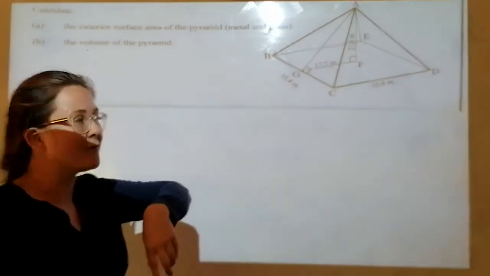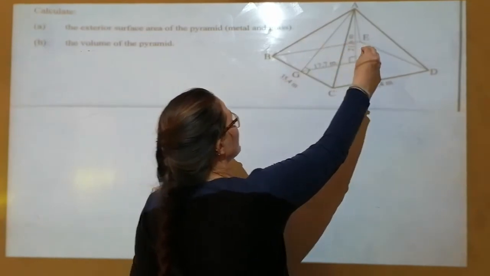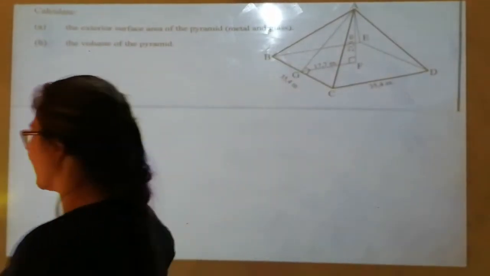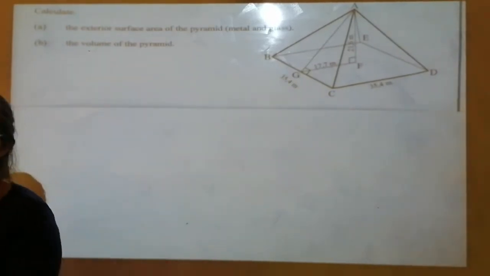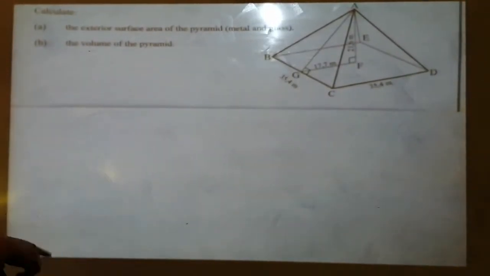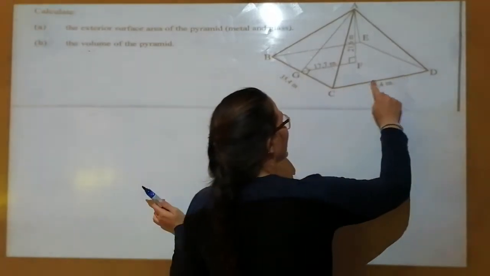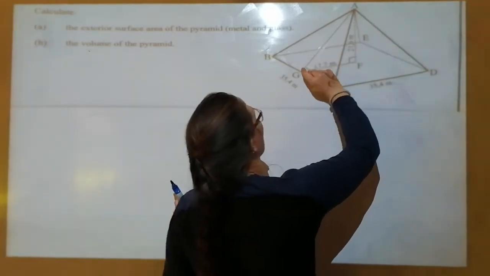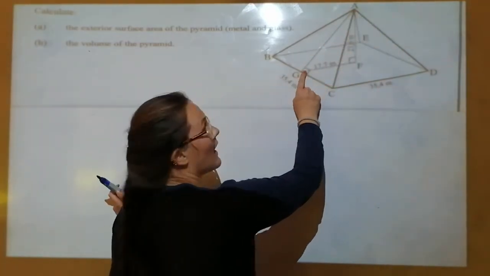So that means the surface area is just 1, 2, 3, 4 triangles that we are calculating. And I wonder if you can agree with me that actually all 4 of these triangles are exactly the same, because they have the same length at the bottom. They're going to have the same perpendicular height on the height slant.